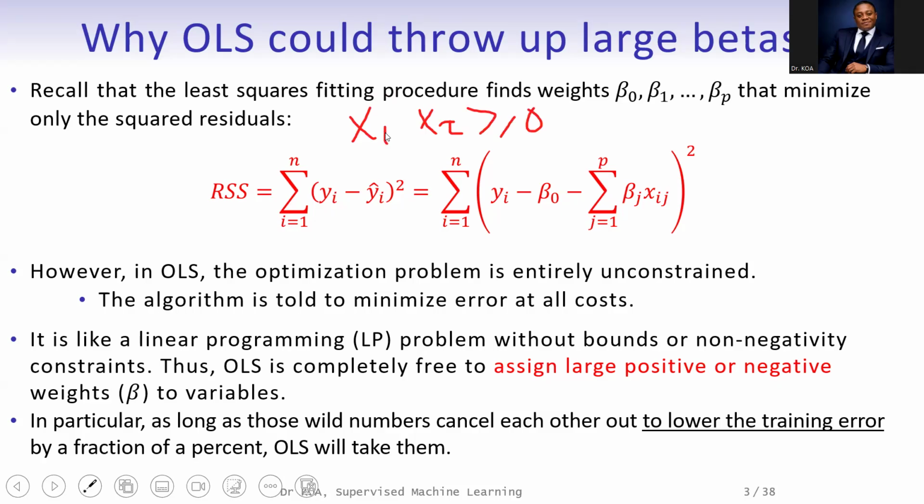But here in regression, we have not set that bound. That means the OLS is free to assign any large positive value or any large negative value to it, as long as those wild numbers cancel out each other to lower the training error. OLS will take them. That is good, but that is bad.